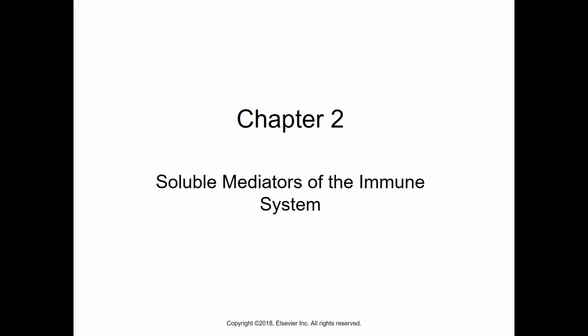So if you go down, not the next paragraph, not the next, but the next, it says the complement system is a component of your natural immune system. So that's your innate immune system. And it is crucial for host defense from microbial infections.